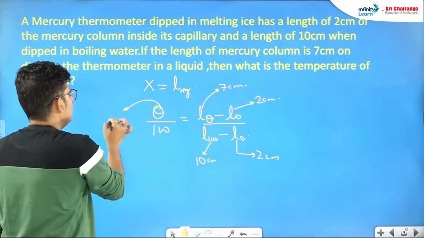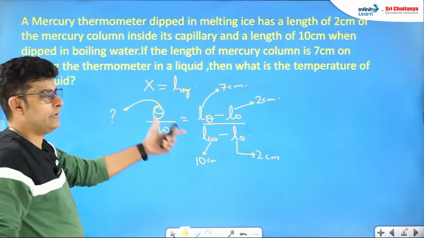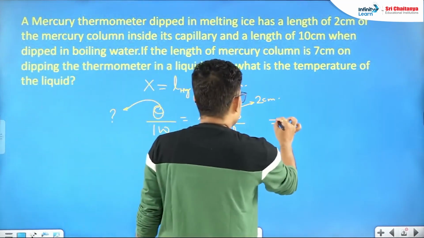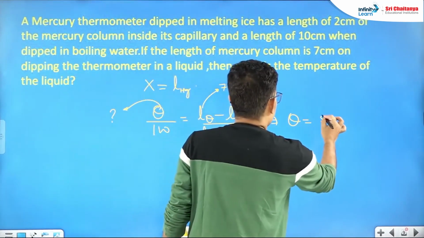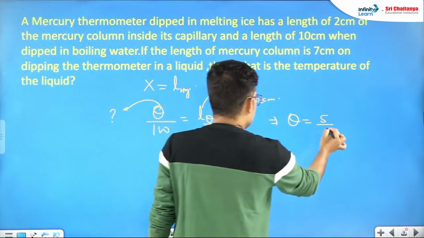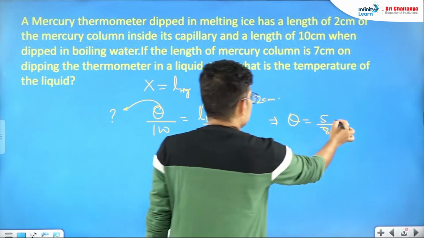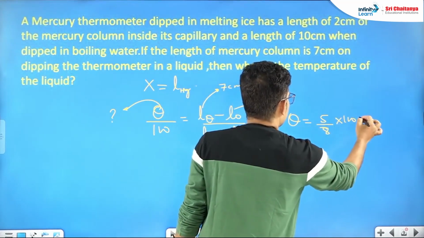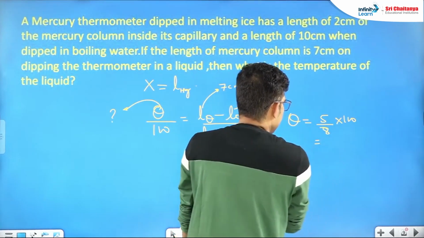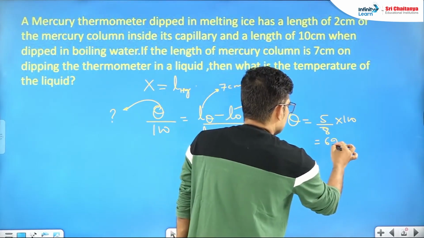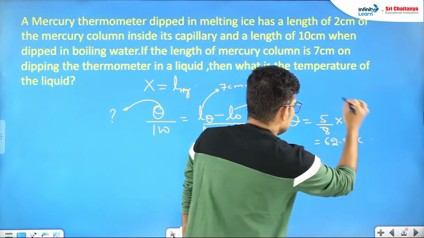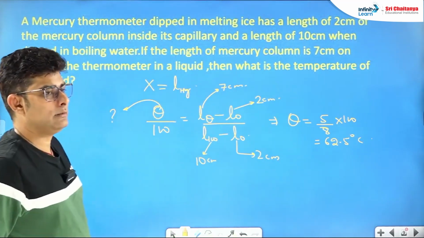So they are asking the temperature of the liquid. We can very easily find from here. So θ = (7 − 2)/(10 − 2) × 100. So 500/8, that is 250/4, 62.5 degrees Celsius. That's it.